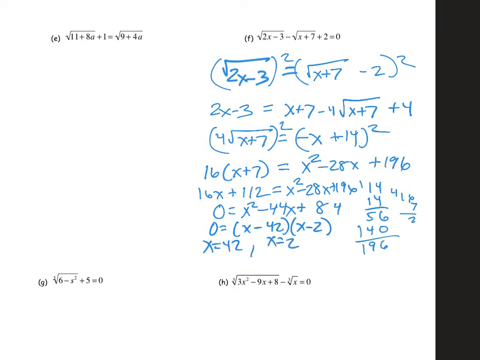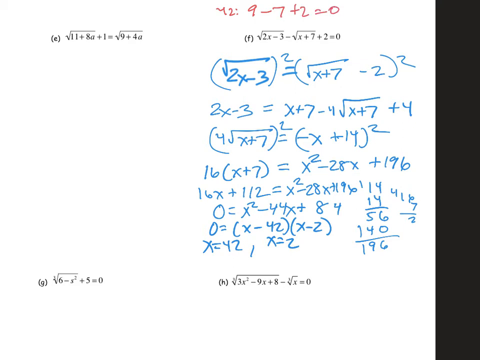Remember, though, you've got to check. Because I squared both sides, not once, but twice, I'm going to have to check to see if these work in the original. If I plug 42 into the original, I get the square root of 84 minus 3, or the square root of 81, which is 9, minus the square root of 42 plus 7, which is 49, which is 7, plus 2.